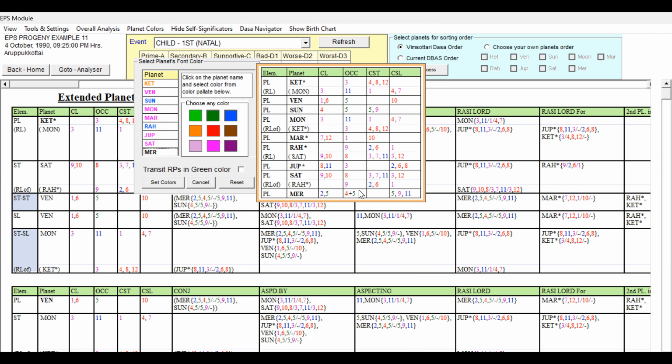Definitely this is good, though it is occupying 4th house, close to 5th cusp, so Mercury will be a green color. So you can see, out of all the planets, Mercury is good and Rahu, Moon, Sun have blue. All are having mixed only. Mixed, we can say in simple terms.